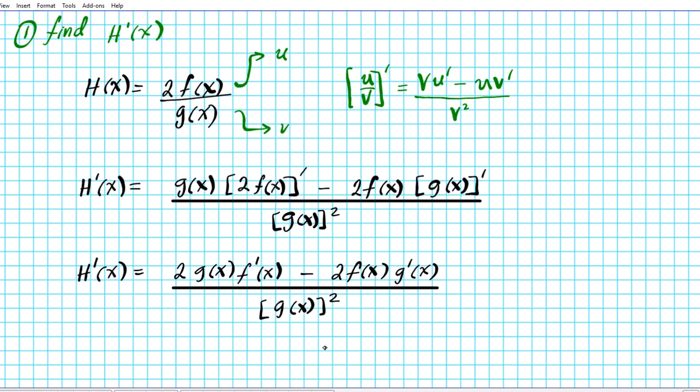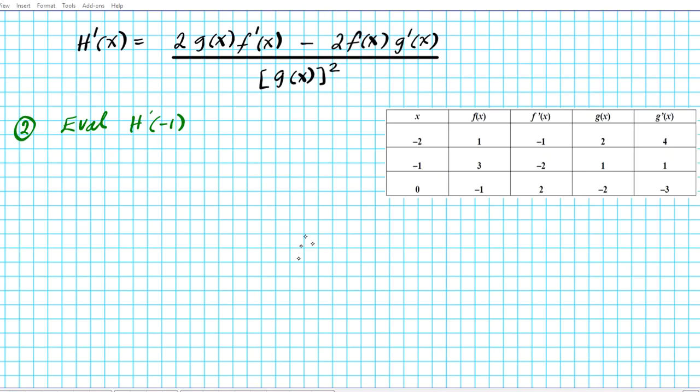Alright, we are done with part 1, which is to find h prime of x. So we still have part 2 of the problem, which is to evaluate that derivative at a specified x value, namely -1. Okay, so I just copied the table down here because we're going to need it to do this problem. So h prime of negative 1, what does that mean? So if you think back to pre-calc and algebra, h prime of negative 1 basically means you're evaluating the derivative at negative 1.